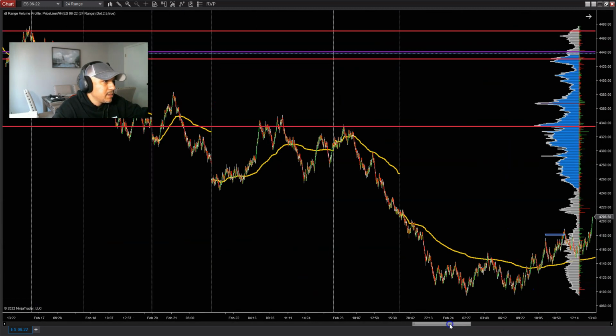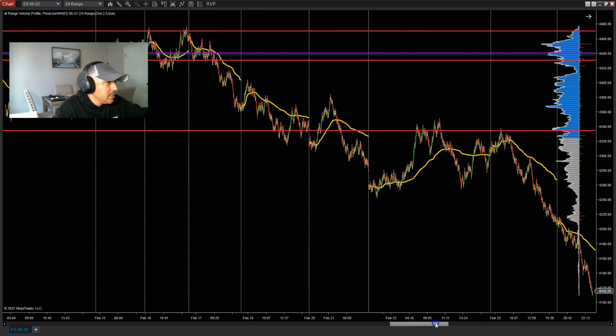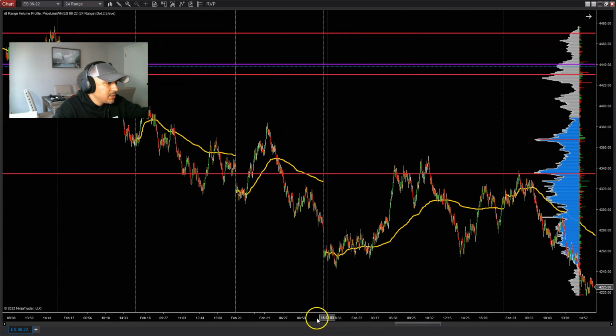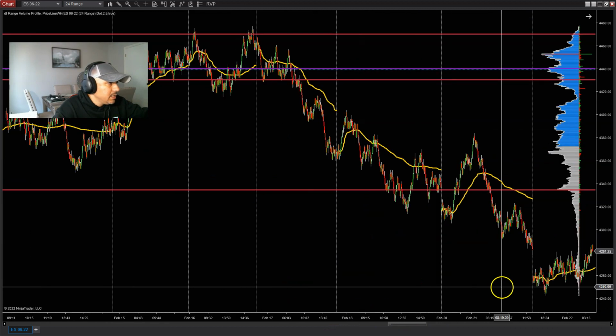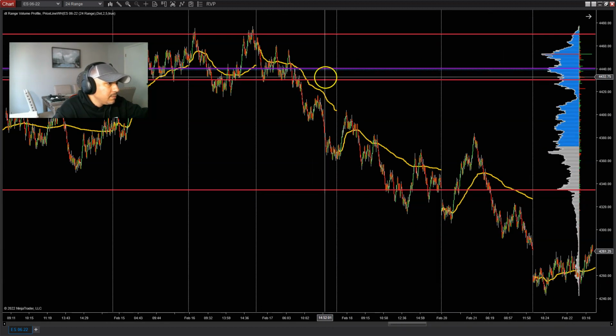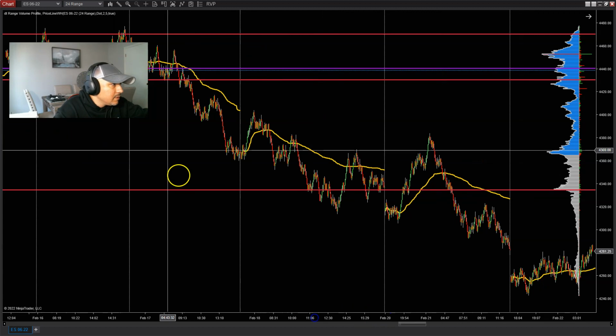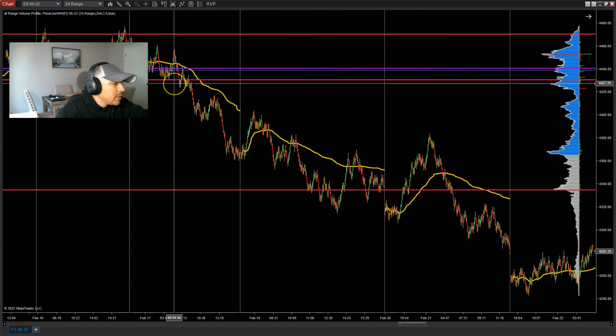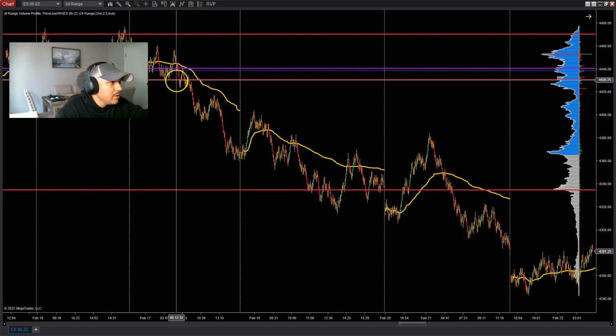Let's grab this at the bottom here. Sorry about that, guys. As a trader, you've got to be able to look to the left-hand side of your chart and be able to see what it is you're looking at. 34.